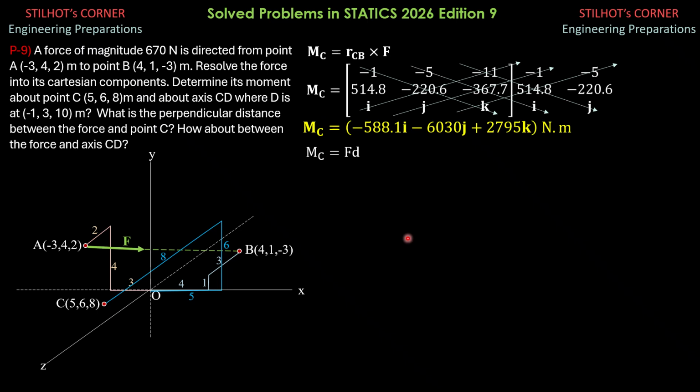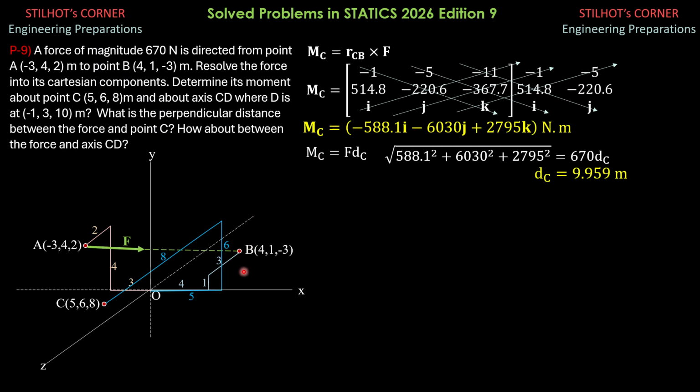So let's have moment C. By the way, moment at C is force times perpendicular distance to C. The magnitude of moment at C is, we simply use this, square root of 588.1 squared plus 6030 squared plus 2795 squared equals magnitude of force 670 times perpendicular distance to point C. And the perpendicular distance to point C is 9.959 meters.